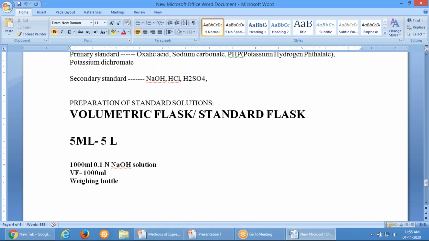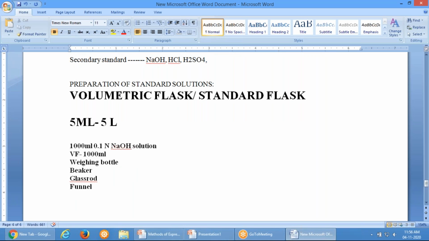Then a beaker, glass rod, funnel. So you need a 1000 ml volumetric flask, weighing bottle, beaker, glass rod, funnel. These are the glasswares required to prepare sodium hydroxide solution.